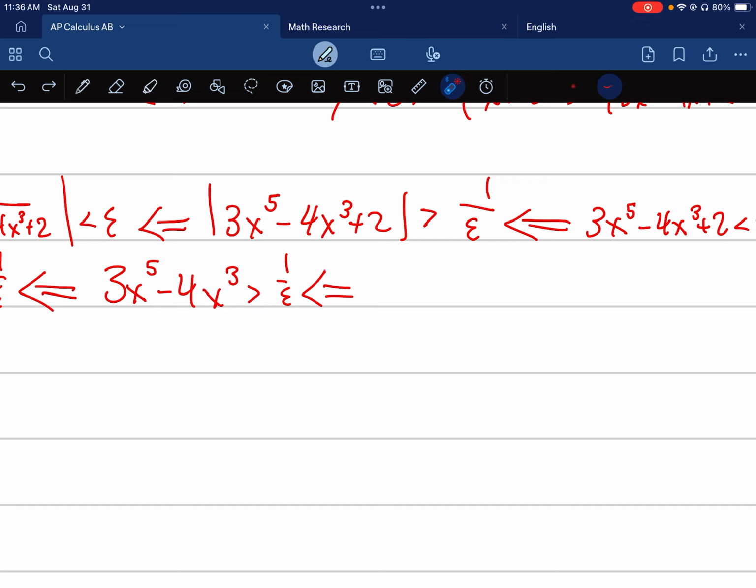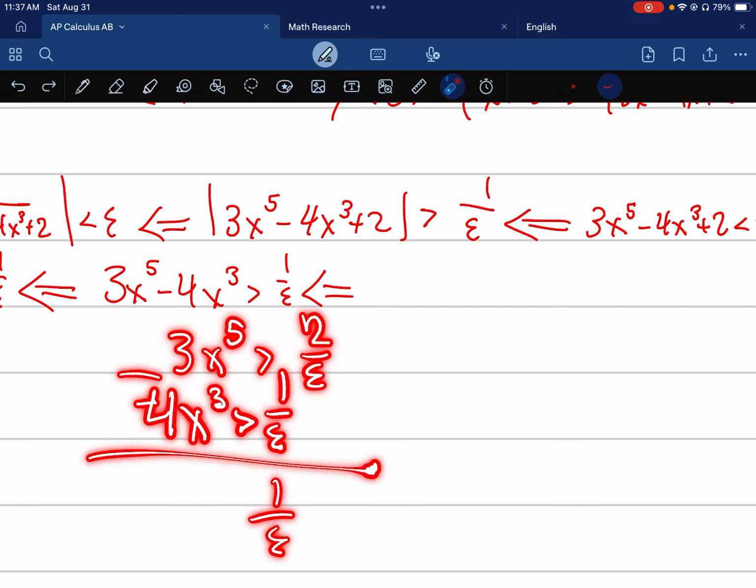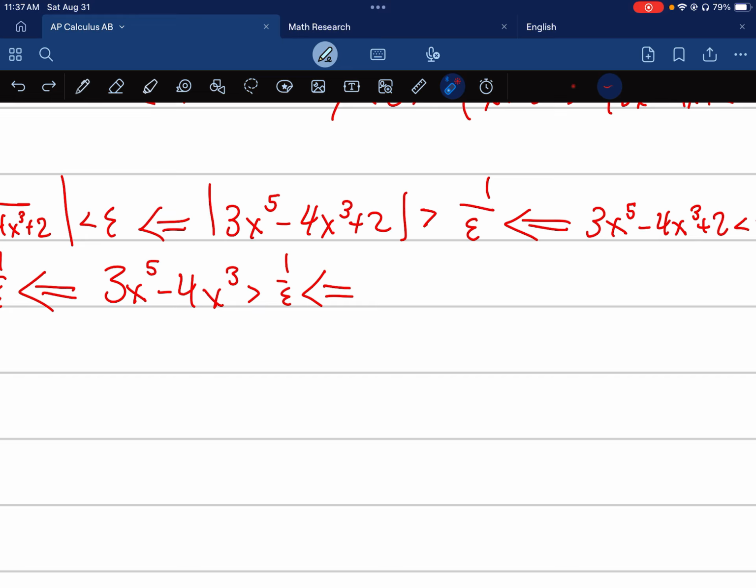Instead, what we're going to do is write 3x to the 5th greater than 2 over epsilon and 4x to the 3rd greater than 1 over epsilon. That way we have a positive number. But why? Well, if we subtract the 2, what are we going to get? 2 minus 1 is 1 over epsilon greater than 3x to the 5th minus 4x cubed. And we have exactly what we want.